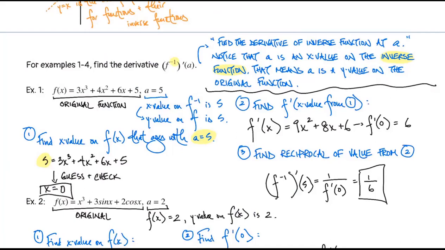And so anytime we're looking at rates of change, okay, particularly with money or something like that, a lot of economists use this, we might have information about an original function. And it might be too difficult for us to get the inverse function equation. Kind of like how yesterday it was too hard to get y by itself, so we just found a different way to solve the problem.